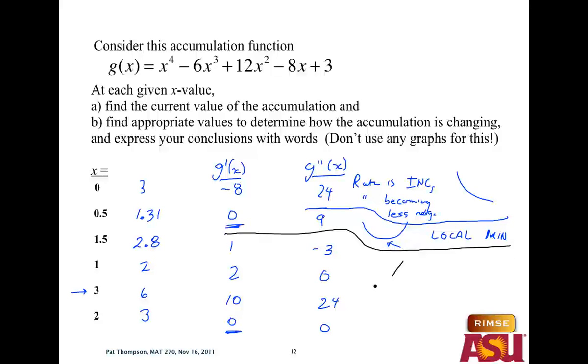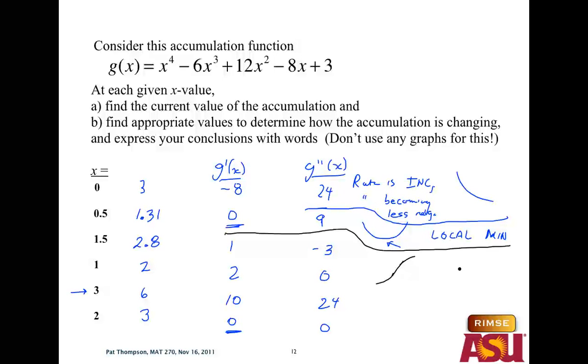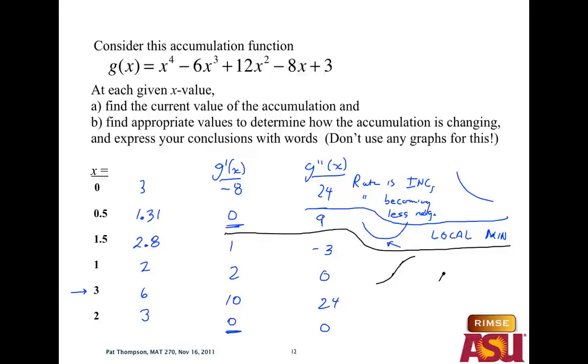Right, and there are two ways that could happen. The rate of change could be increasing and then pause and then decrease, with a rate of change of 2, or the rate of change could be decreasing and then pause and then increase, with a rate of change of 2. Does it make sense?